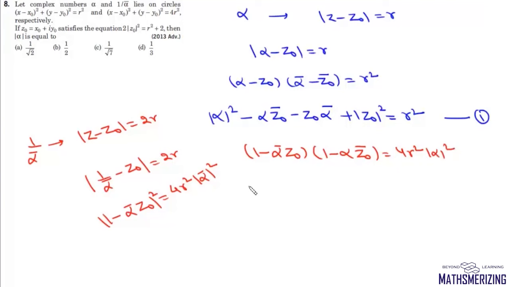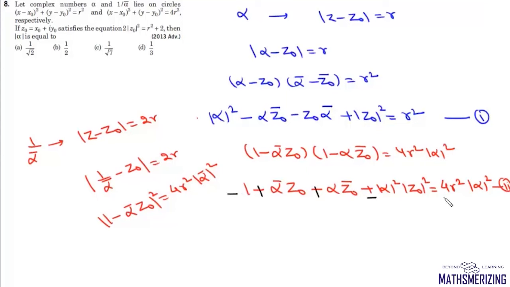Now we multiply it, and we'll write 1 minus alpha bar z naught minus alpha z naught bar plus mod of alpha square into mod of z naught square, and it will be equal to 4r square into mod of alpha square, and that's our second equation. Now we'll subtract this second equation from the first equation. So it'll be minus, plus, plus, minus, and minus.